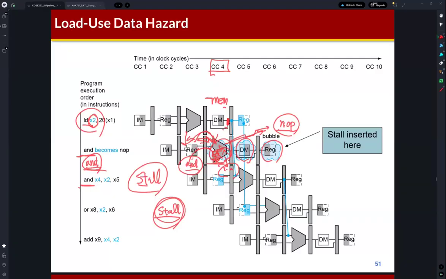Doing nothing is the nop operation, no operation. It's called a nop. So instead of propagating the and instruction to the EX stage, the and instruction stays in the ID stage, and a no operation is propagated to the EX stage. Because this is a no operation, the clock cycle is just wasted.